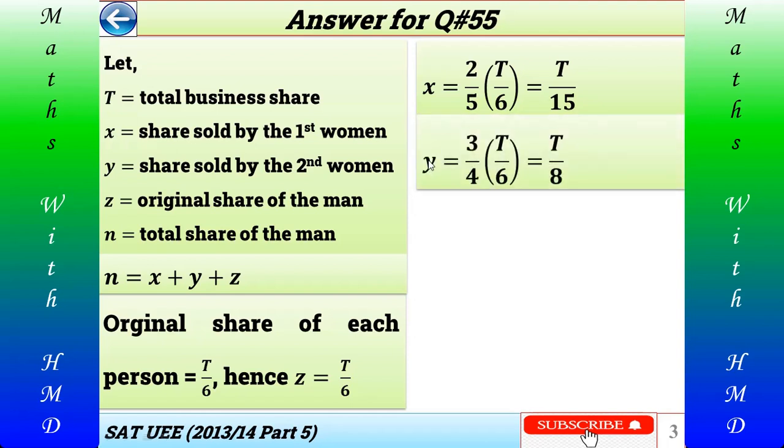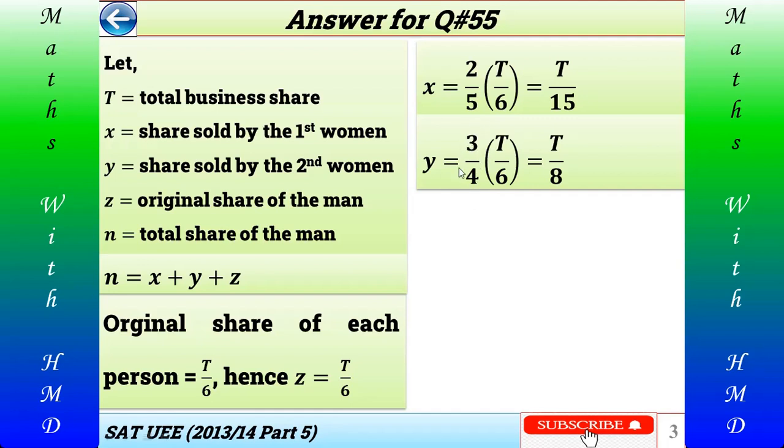Again, the share sold by the second woman, Y, is equal to 3/4 of the share of the woman, which is T/6. This 3/4 comes from the question, which says the second woman keeps 1/4 of her share and sells the remaining.